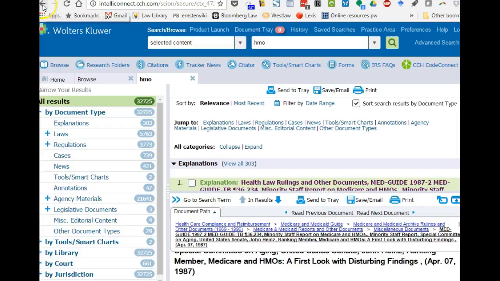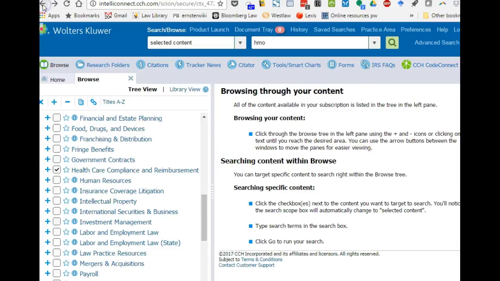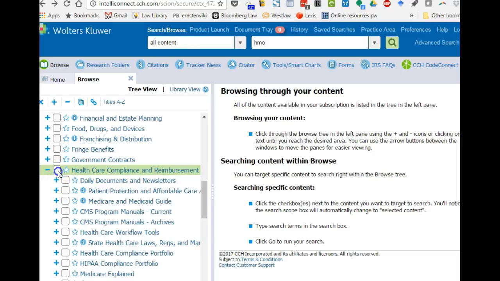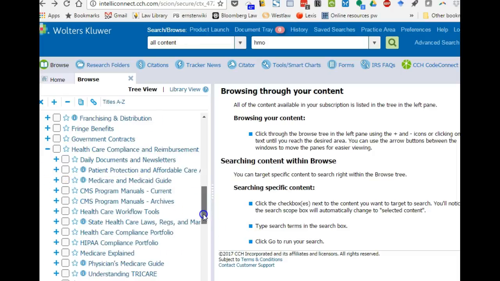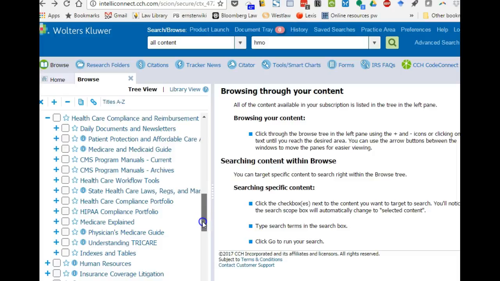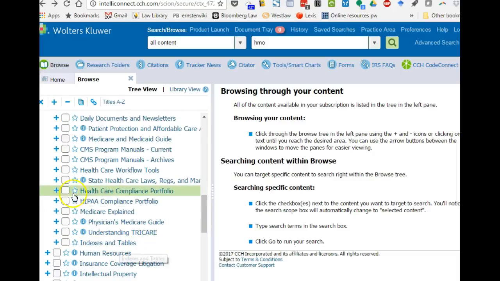Probably before my search, limit which topics. So here we've searched the whole healthcare compliance and reimbursement. I might want to expand that out and say, okay, I want to search maybe human resources or healthcare compliance portfolio, whatever sounds like it's going to be most relevant.